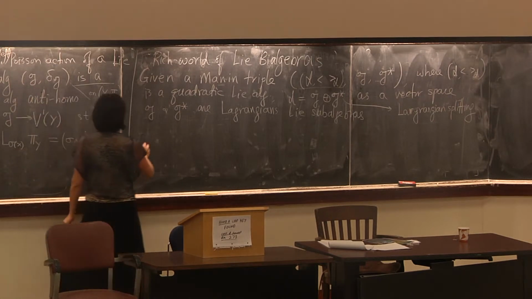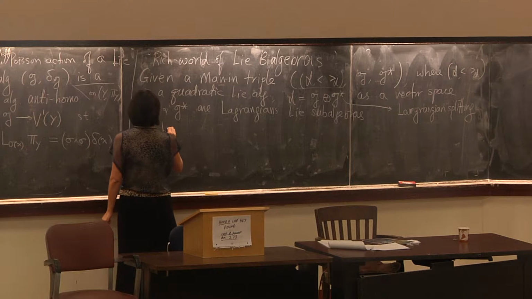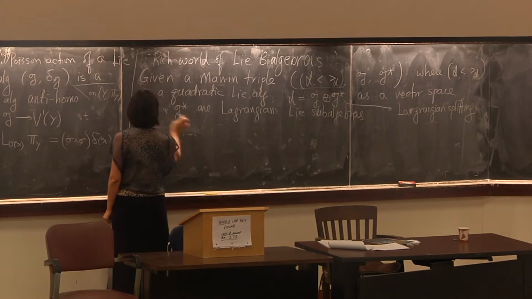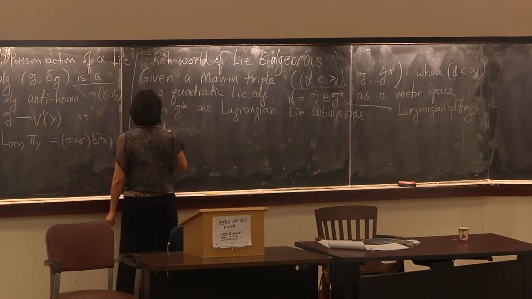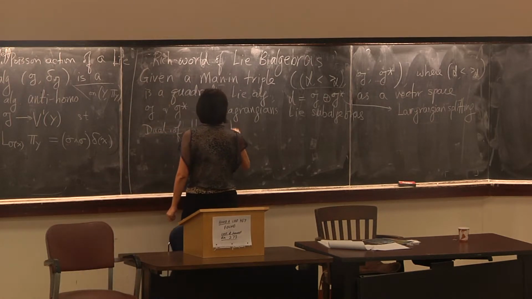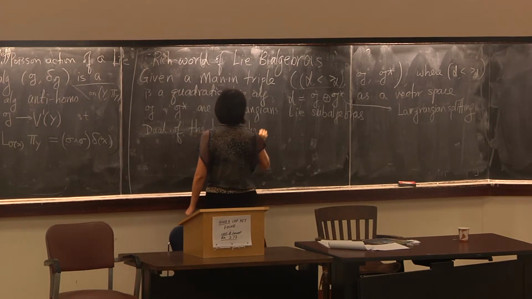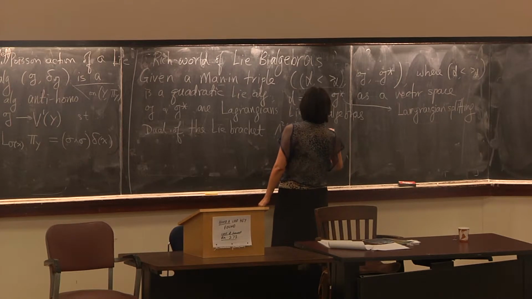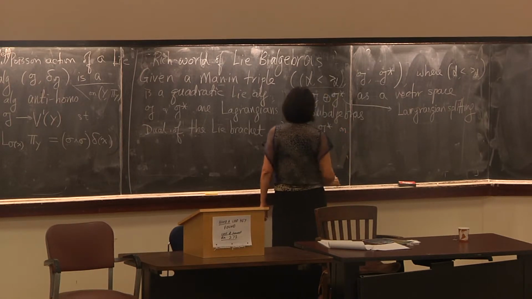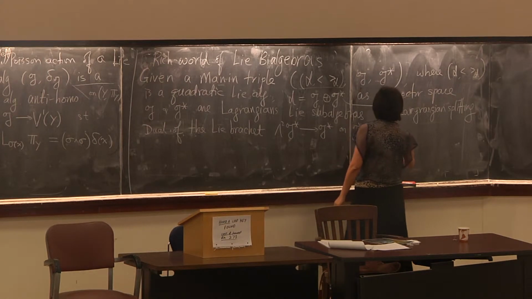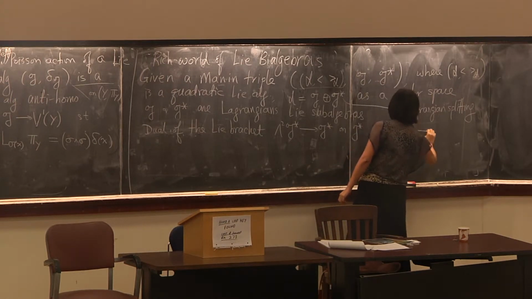Therefore, the dual of the Lie bracket on G star is delta G, which is a map from G to wedge 2 of G.